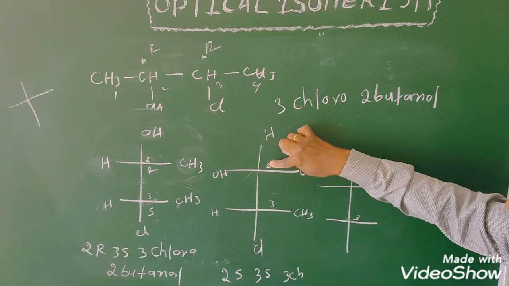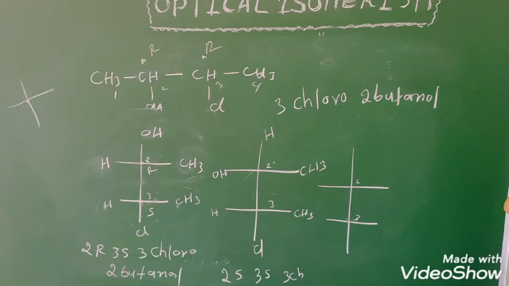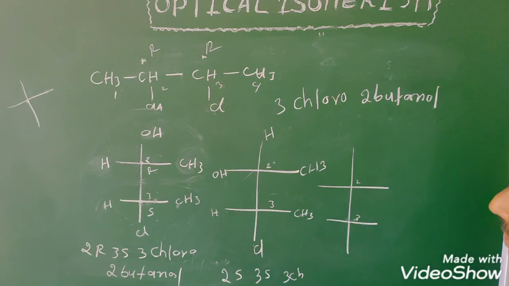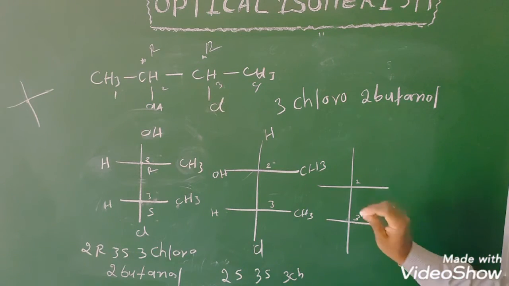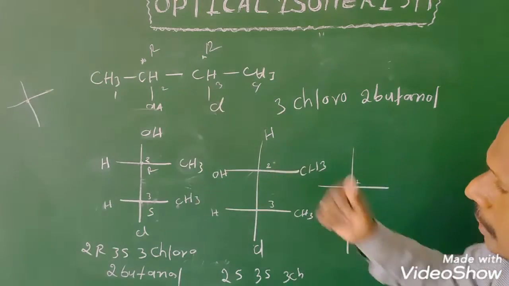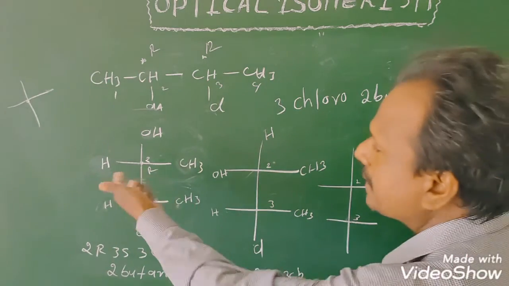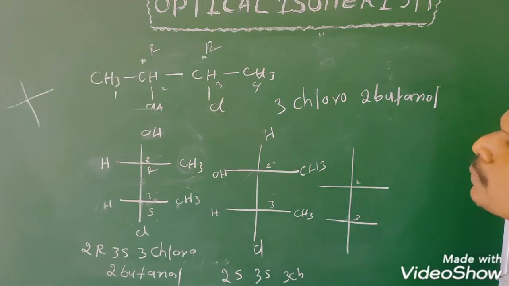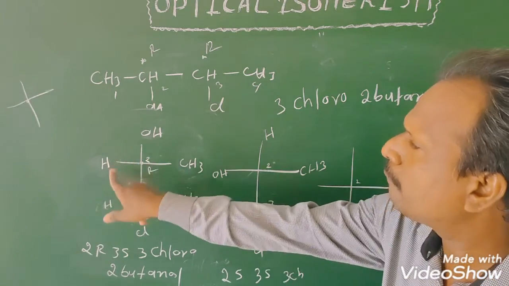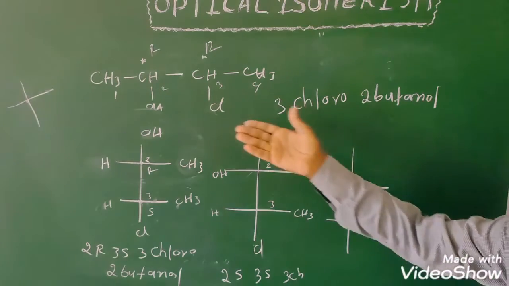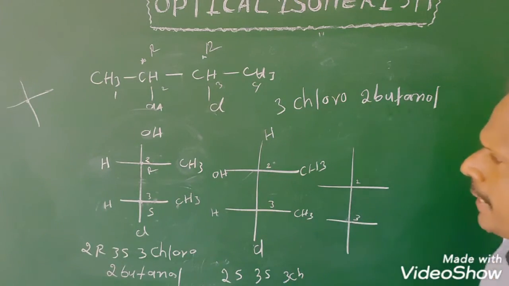Its chirality is S. So if you change these two groups, this chirality becomes R. So we obtain the isomers by exchanging the groups which are at 90 angle. Due to exchanging of two groups at 90 angle, chirality changes. 4 compounds are represented in Fischer projection.